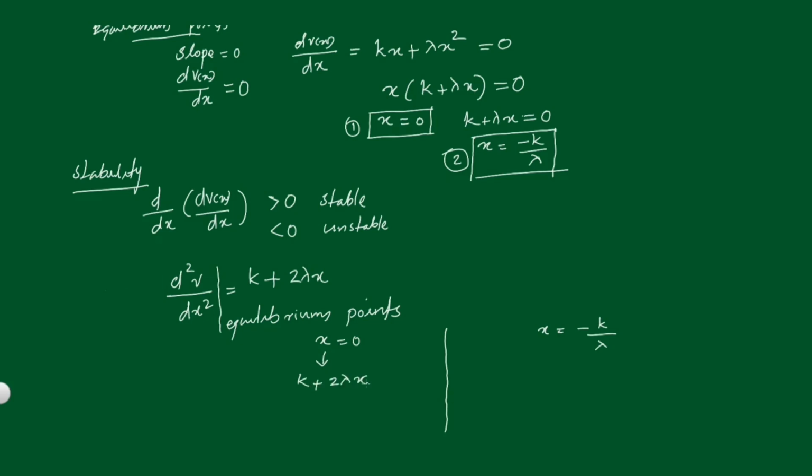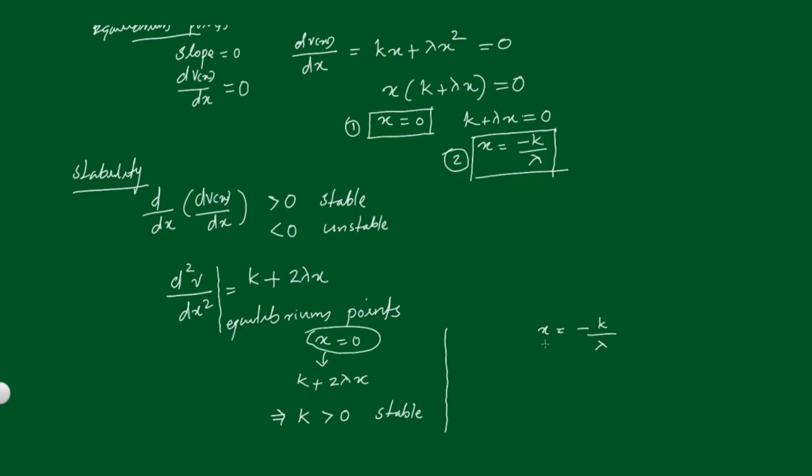So x equal to 0, what we get is equal to k. K is greater than 0. So as per this condition, it is a stable point. That is, x equal to 0 is a stable equilibrium point.